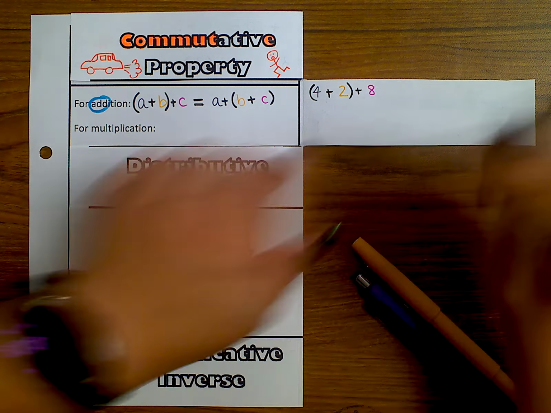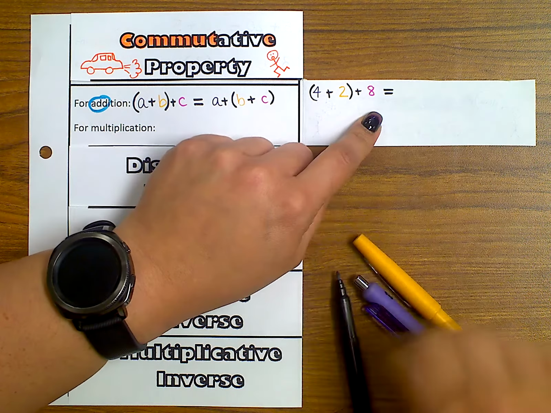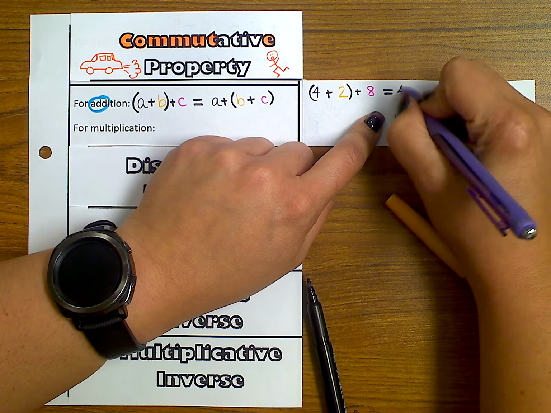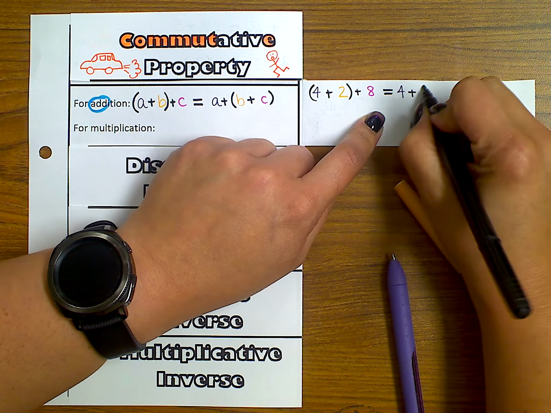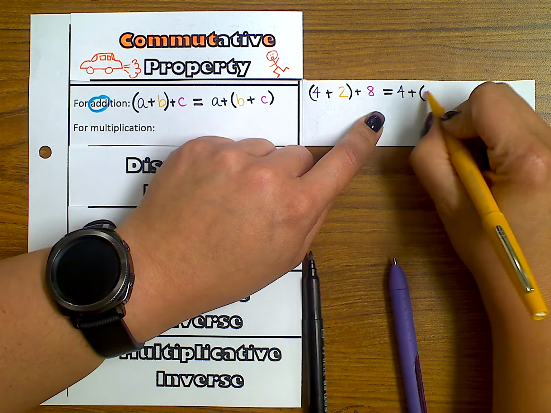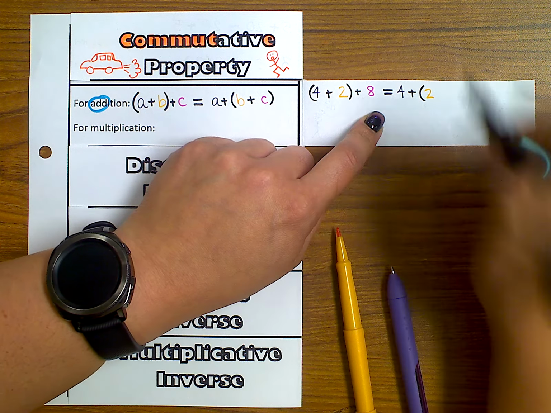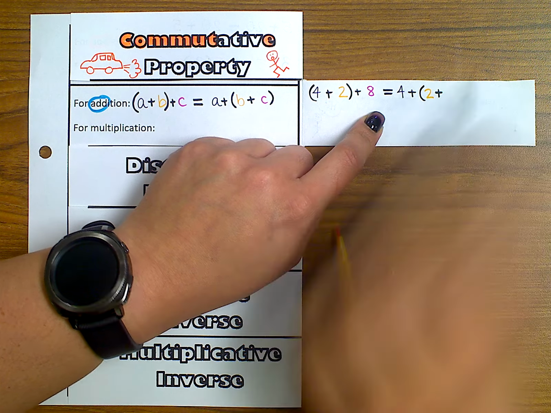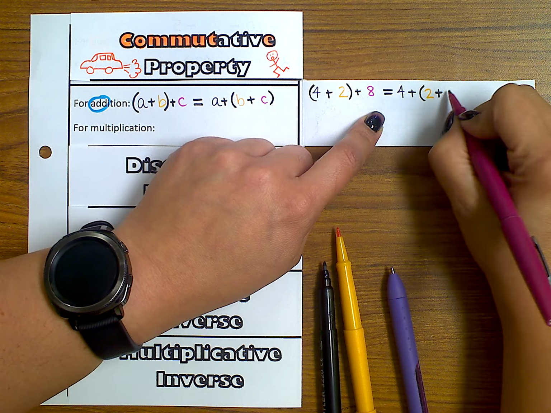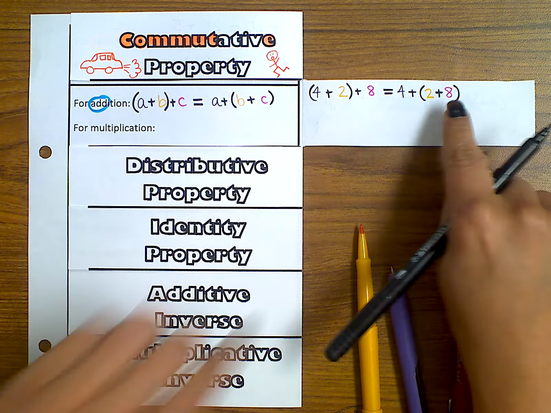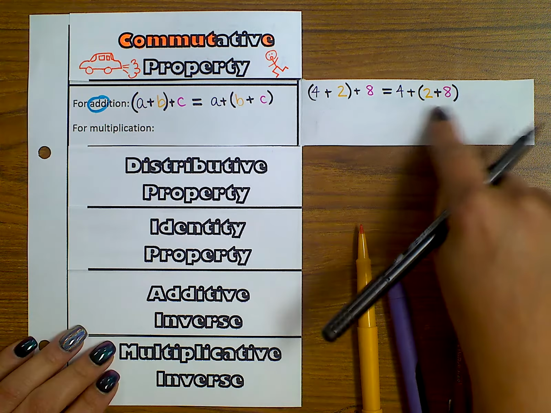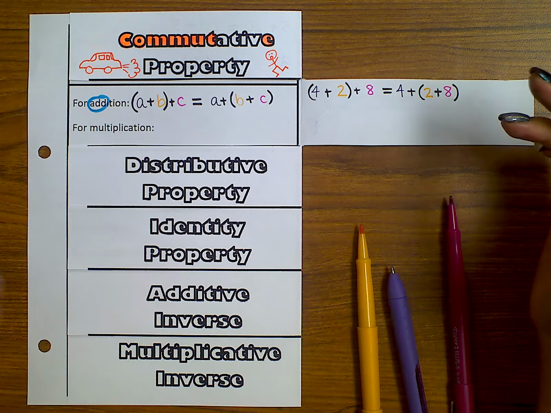So that is the exact same thing as saying 4 plus this group of 2 plus 8. Which to me, in my mind, to be able to sum this up quicker, I'd probably do this because that gives me 10 plus 4 is 14.